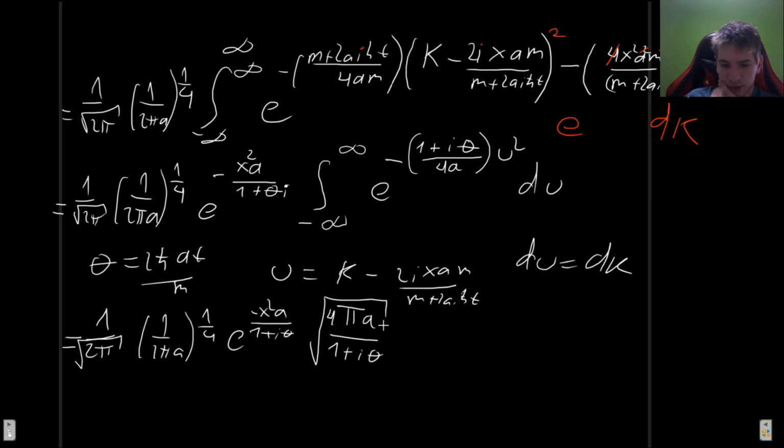Okay, so what simplifications can we make? First, this pi will cancel out this pi right here. This 4 is just going to be 2 times 2, so it's basically 2 times the square root of 2. So one of them will cancel out this square root of 2 right here, so we can change this 4 for just a 2.